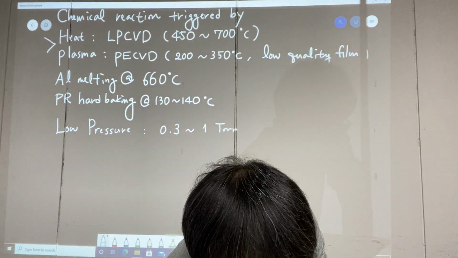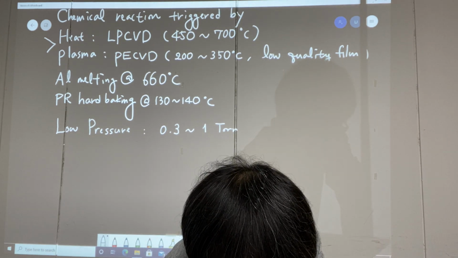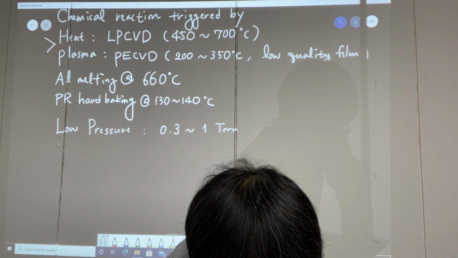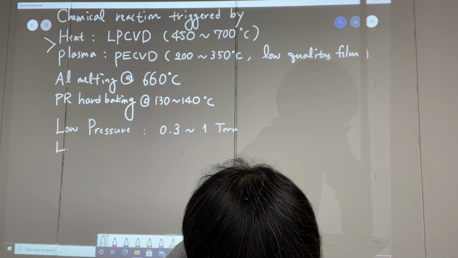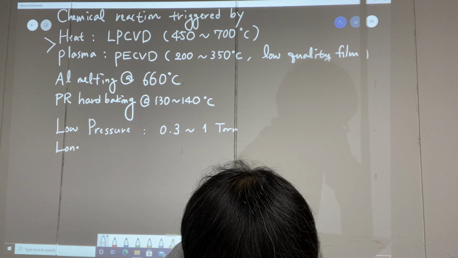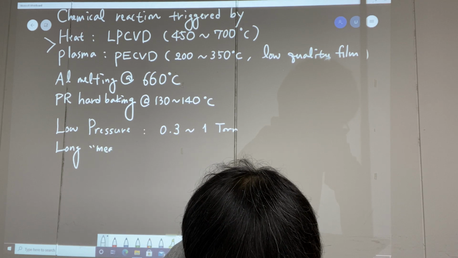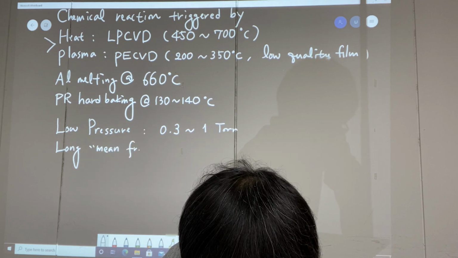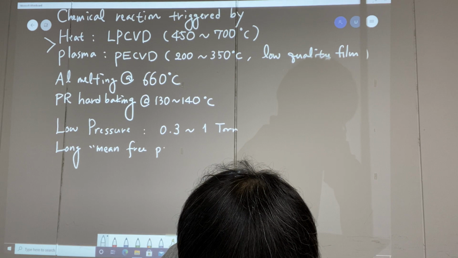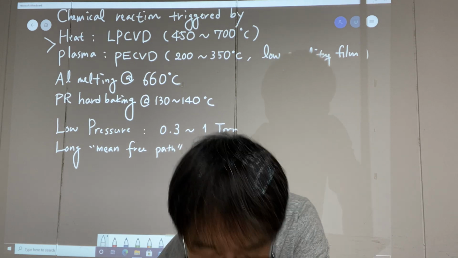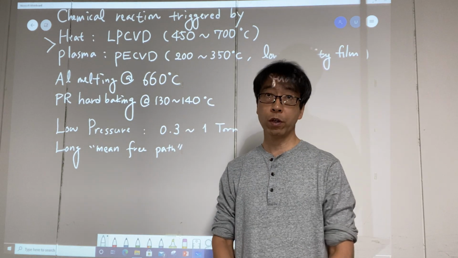So at this low pressure, what's good? We can maintain a very long mean free path of the molecule. What is mean free path? Well, I'm going to explain later on when I explain high vacuum.